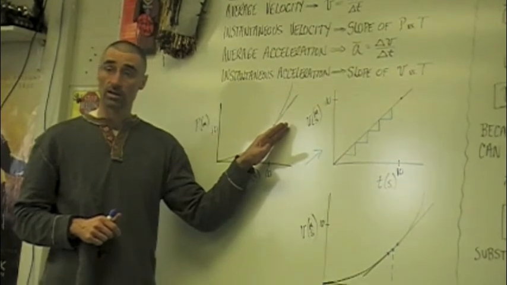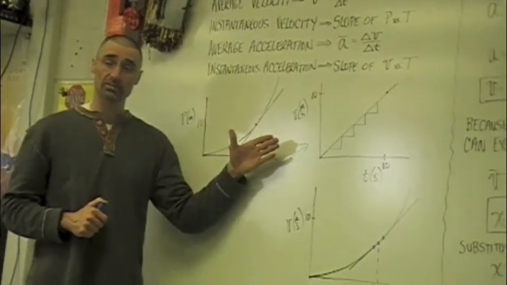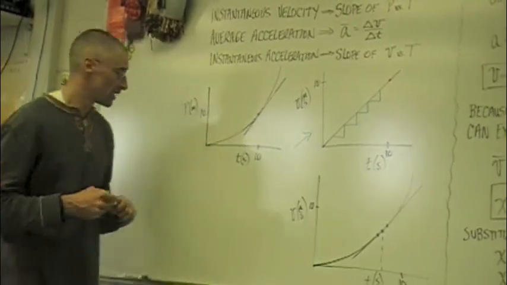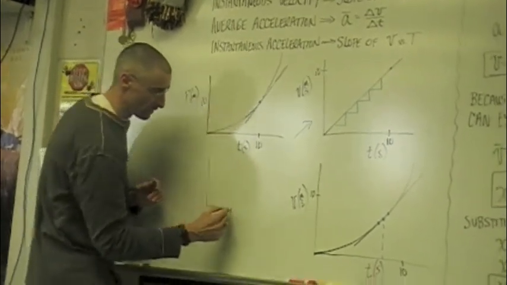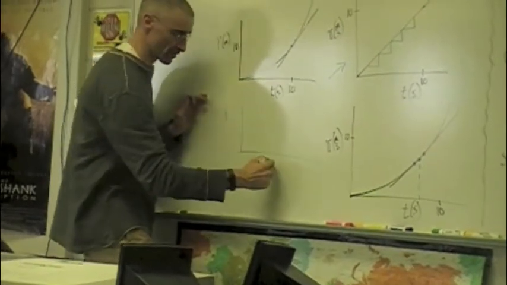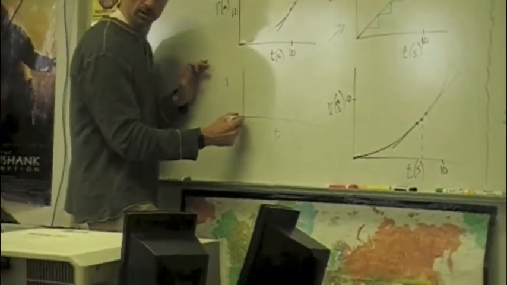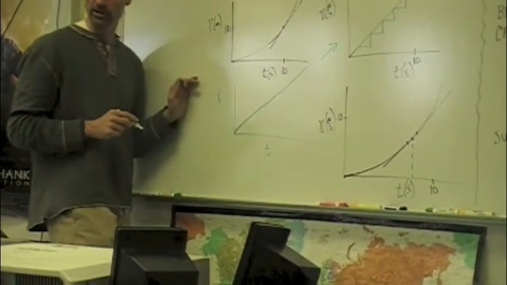Okay. So, just to review one last time, the slope of your position versus time yields your velocity versus time, and the slope of your velocity versus time yields your acceleration versus time. Okay? And if we were to look at a situation like this, I've left some space here. If this is accelerating at a constant rate, what is your velocity versus time graph going to look like? It should be linear. I didn't draw that very linear, but you get the idea.